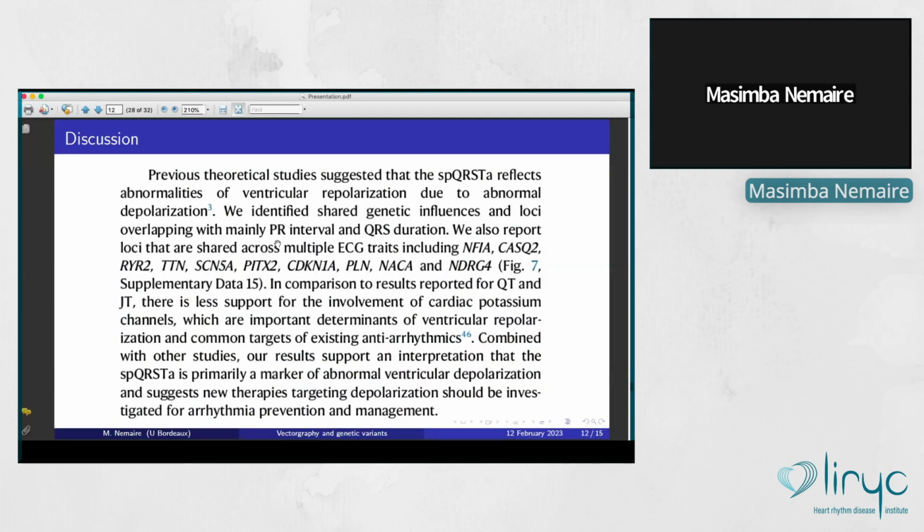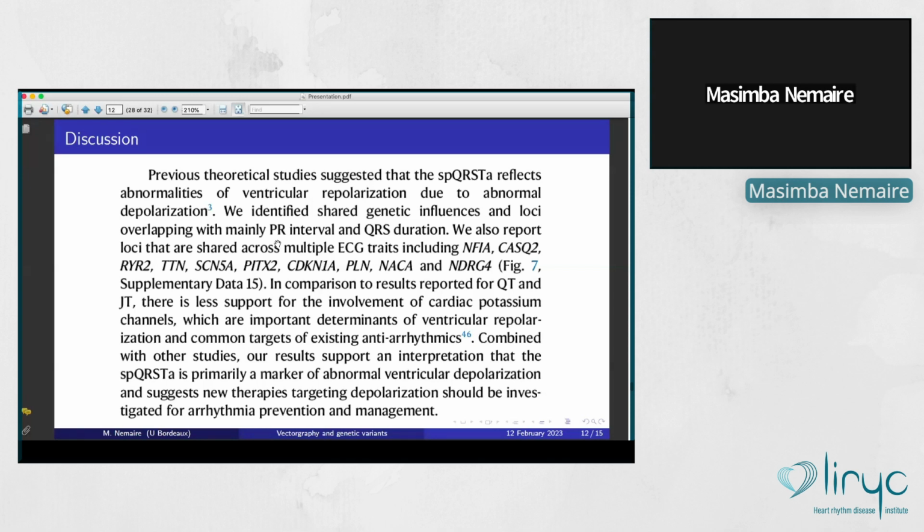So they say that previous studies have shown that the spatial QRSTA angle reflects abnormalities in ventricular repolarization that are a result of abnormal depolarization. So this could also explain why there's not really a correlation with these ECG markers, because the ECG markers are more about conduction or channel function.